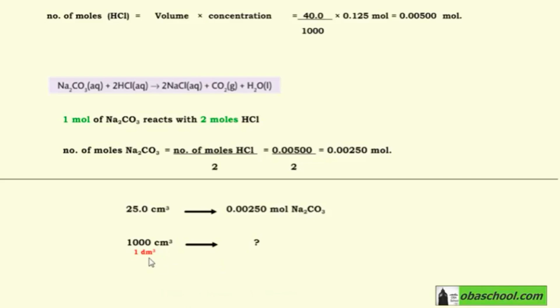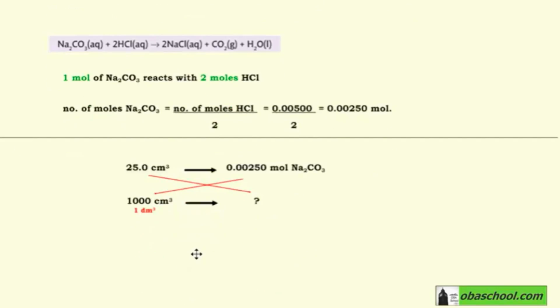So in 25 centimeter cubed, I do the cross multiplication rule to obtain the answer. 1,000 times 0.00250 over 25. So in 1,000 centimeter cubed, I have 0.1 moles.